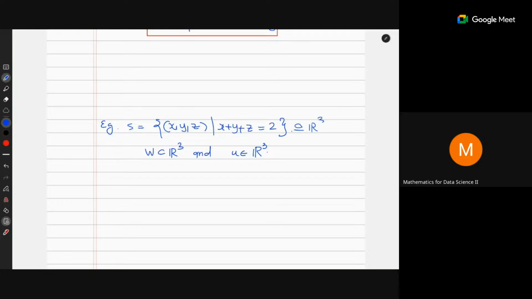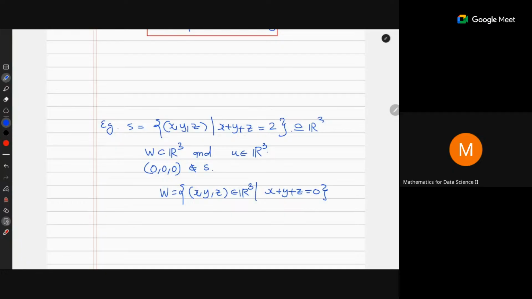As you can clearly see, 0, 0, 0 is not in S. If you plug in 0, 0, 0, you must get 0 back. So your vector space W is the set of X, Y, Z in R3 which satisfies this equation. This is clearly a subspace because it contains 0 as well.